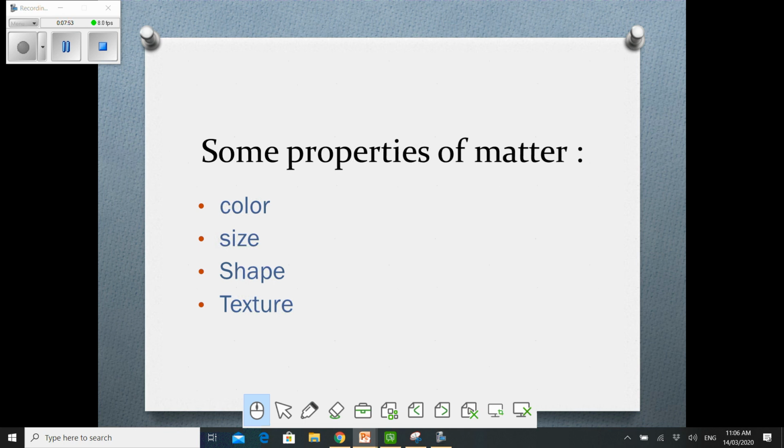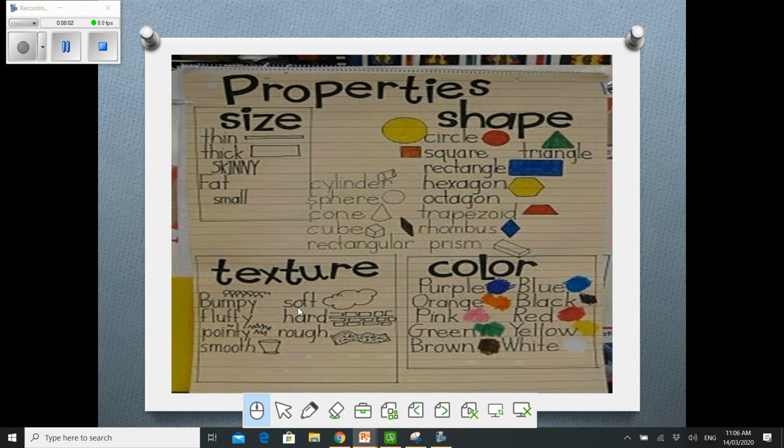Some properties of matter are color, size, shape, and texture. Look here. Properties of matter, we have the size, maybe thin, maybe thick, maybe skinny, maybe fat, maybe small.